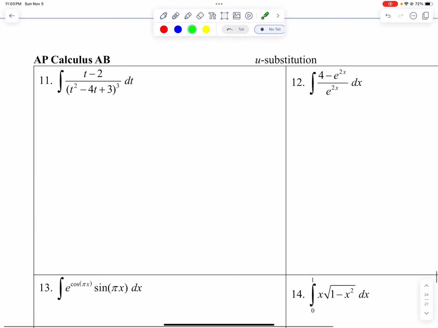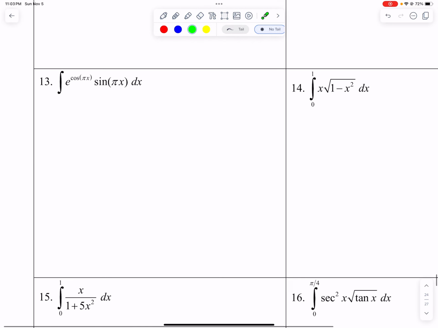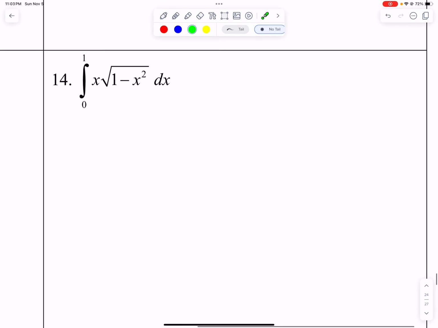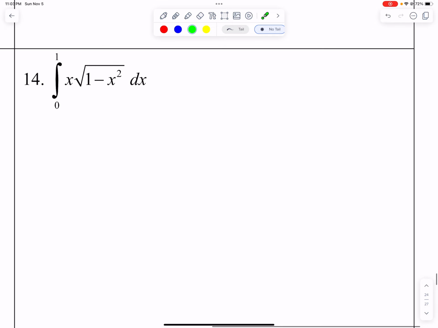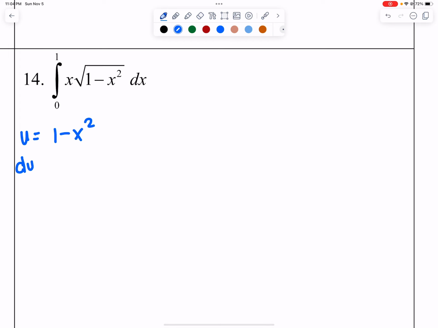So let's do number 14, where we have a definite integral. I'm going to have u be 1 minus x squared and du being negative 2x dx, of course. I'm going to change my bounds now. So instead of 0 to 1, I'm going to have 1 minus x squared.